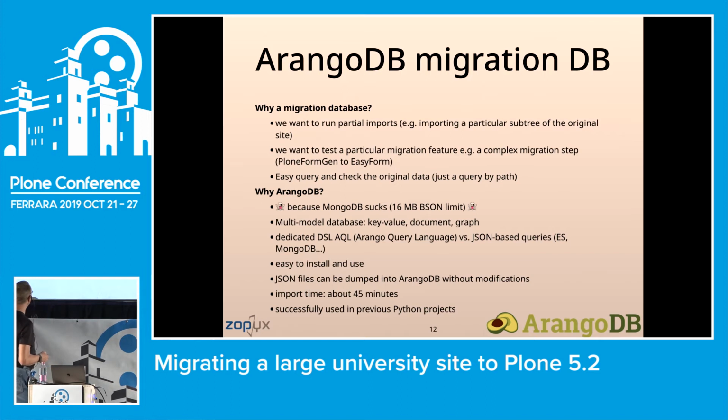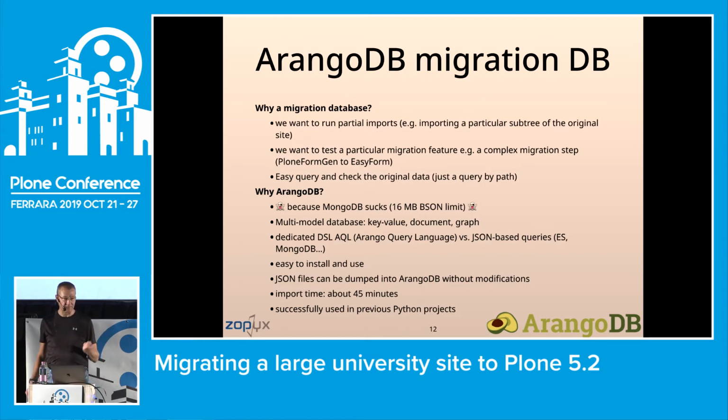ArangoDB is an open source database. It's basically a multi-model database. It supports key value stores and documents, so basically JSON documents. And it has a nice graph component on top of that, and this basically allows us to build graphs on top of JSON documents. That's very fancy.